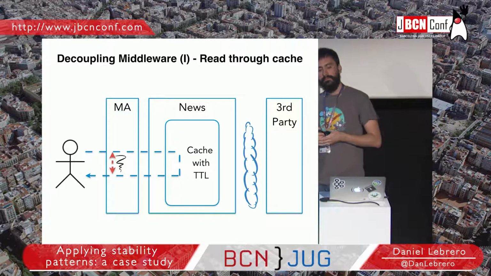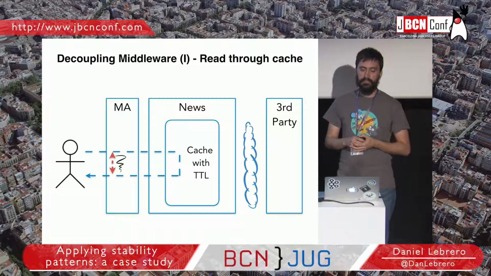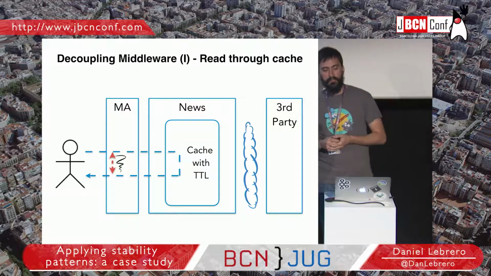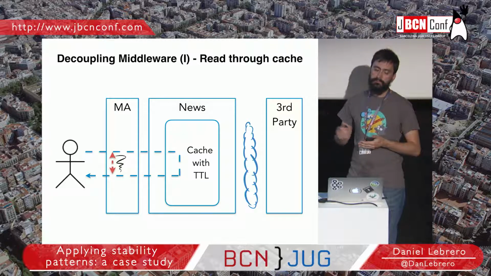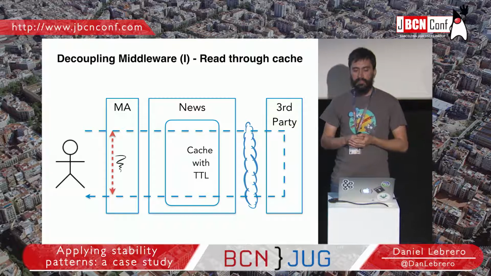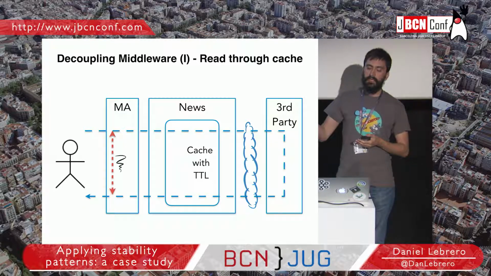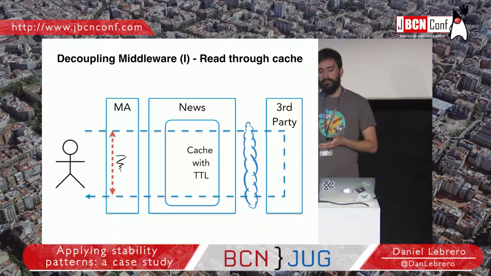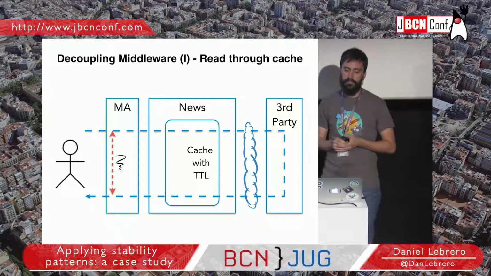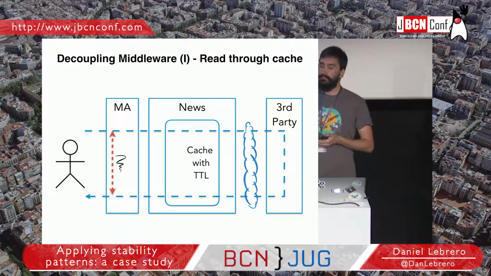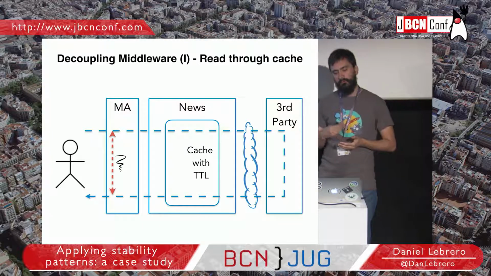Now, when we deployed this into production, we found that most of the requests were very fast, but then there was a very long tail of requests that hit the worst case, either because the item was not in the cache, or because the time to live had expired, so you had to go and fetch the fresh value. So in the second version of all those internal services, we followed a different pattern.